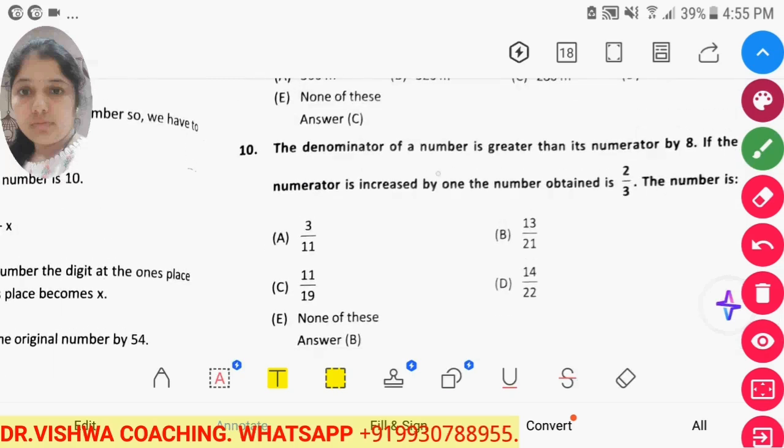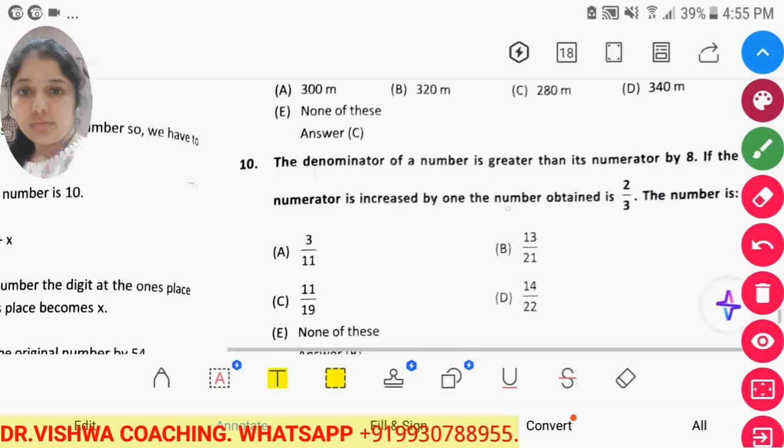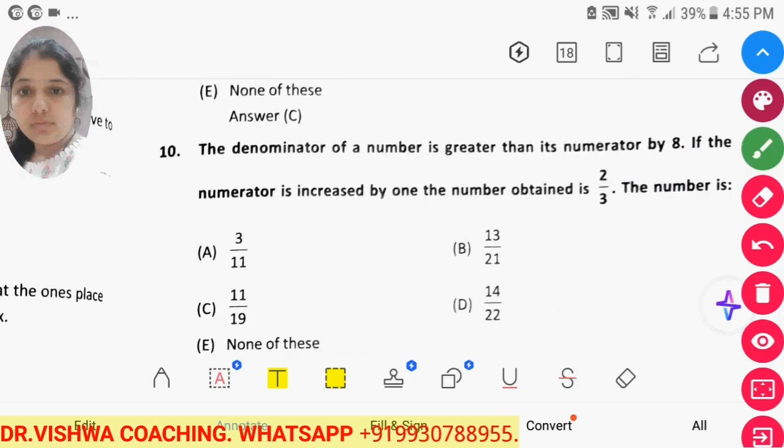Okay. Now the denominator of the number is greater than its numerator by 8. If the numerator is increased by one, the number obtained is 2 by 3. The number is? Now see, the denominator is greater than the numerator by 8. Say the numerator is x, then the denominator will be x plus 8.